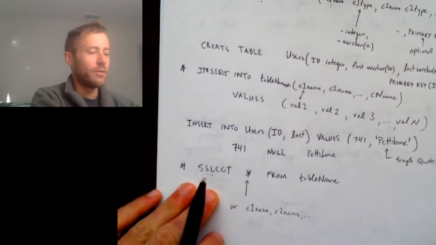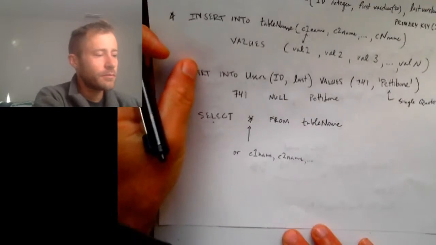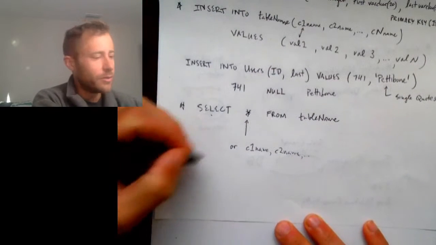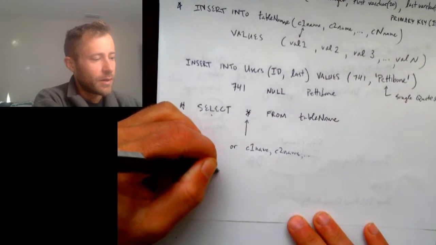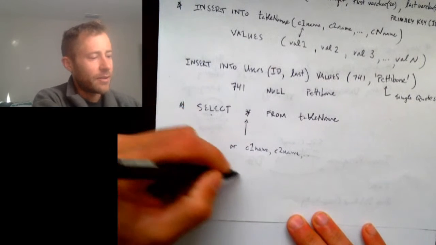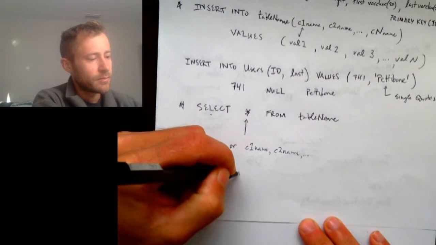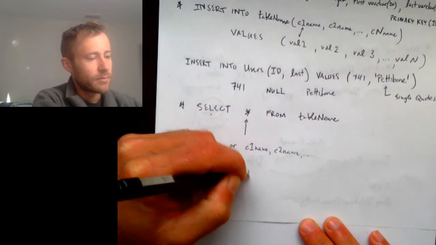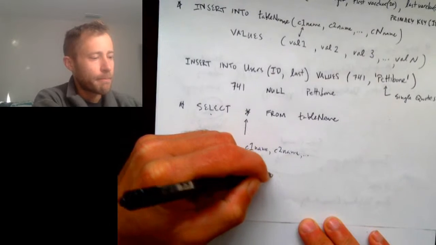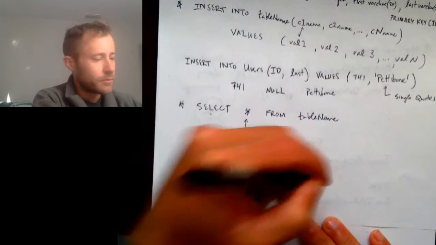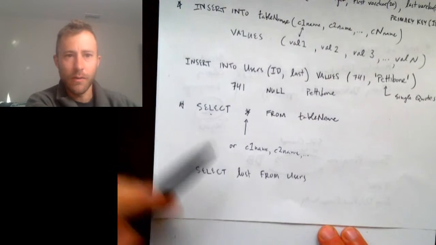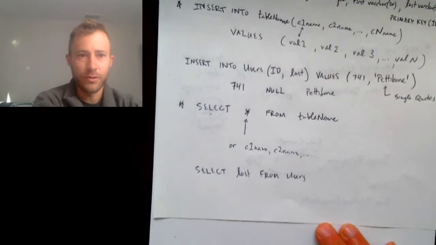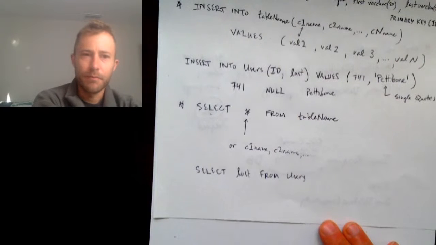So I could do select last from users. Okay, and that's going to give me all of the last names of all of the users that are in the table. Okay.